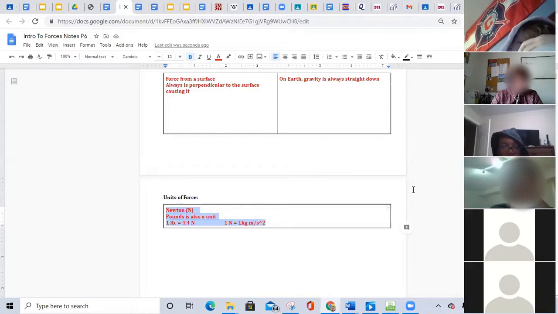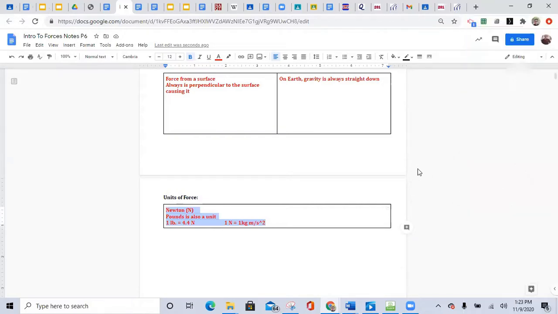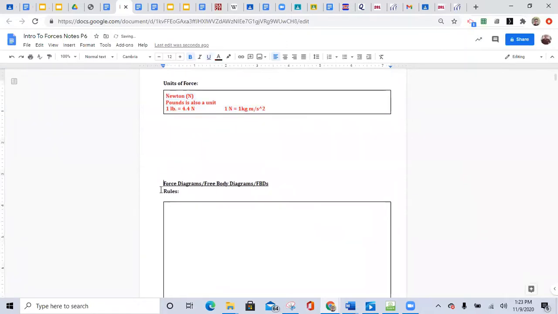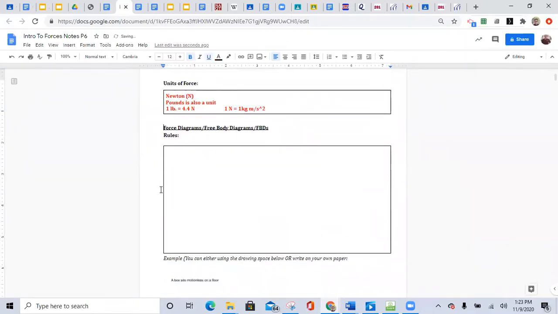But to do a perfect free body diagram or force diagram, this is what you will do. I will give you the rules, and then we will practice using them. The first thing you need to do is identify your system.